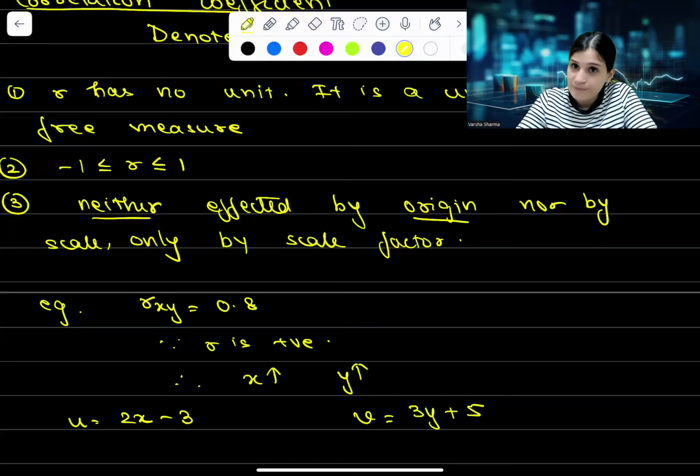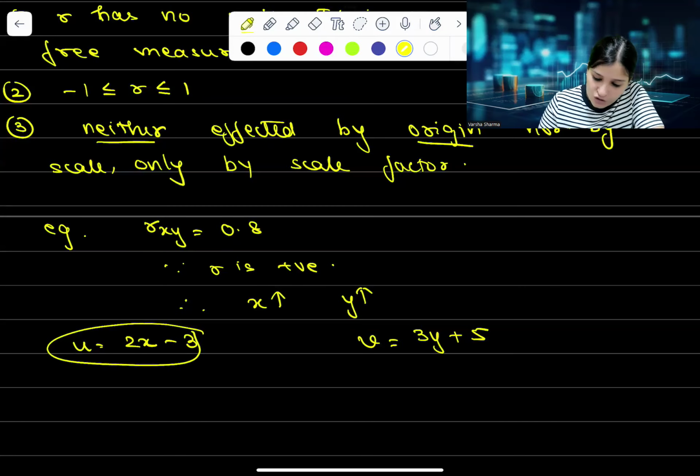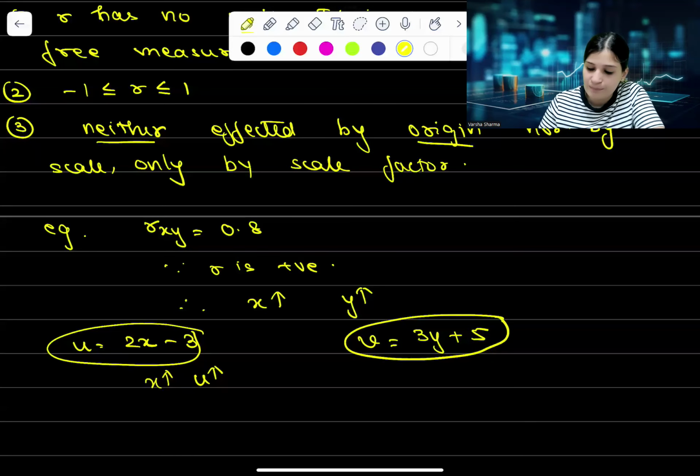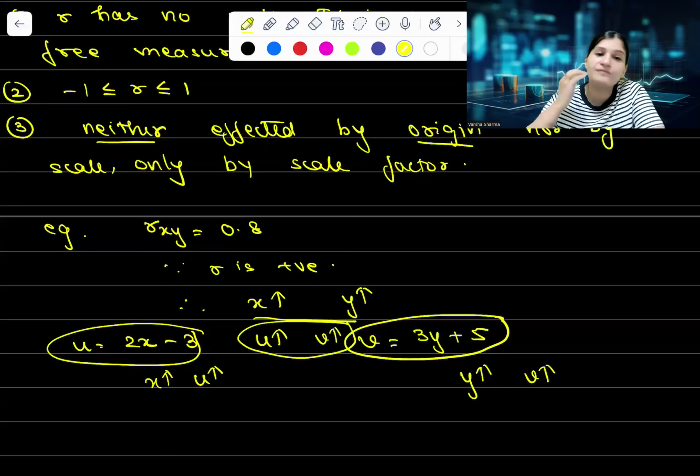Since the sign is same, since X is multiplied by a positive number, if X increases, U will also increase. Since Y is multiplied by a positive number, when Y is increased, V will also increase. So instead of X, I can write U. Instead of Y, I can write V. Can you see that U and V are also in the same sign?